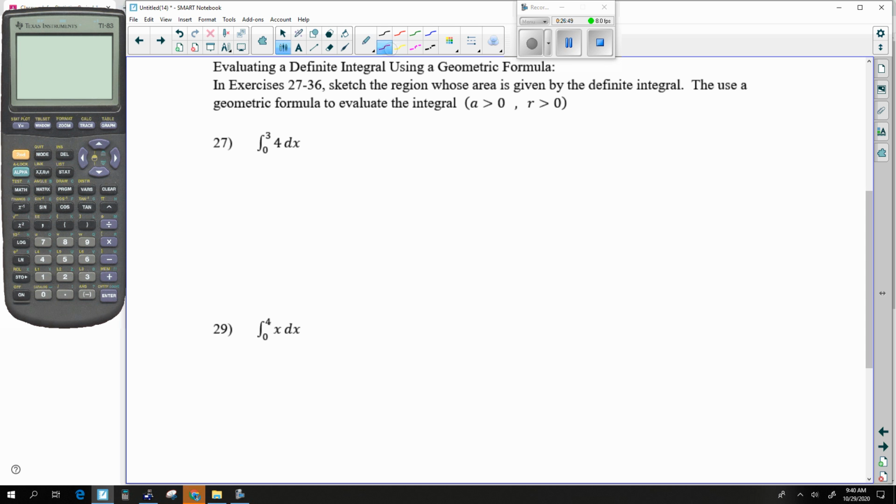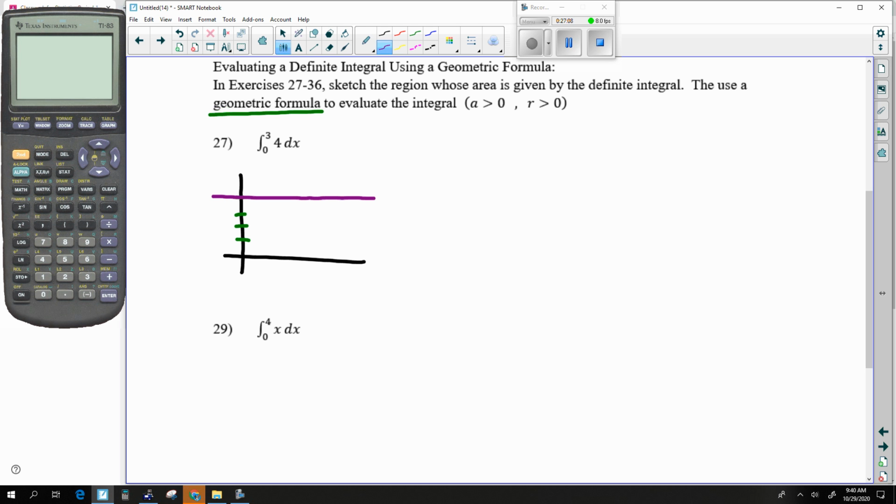Okay, then they want us to do this integral, but using geometric formulas. So the graph of 4, they say graphic, means this: 1, 2, 3, 4.